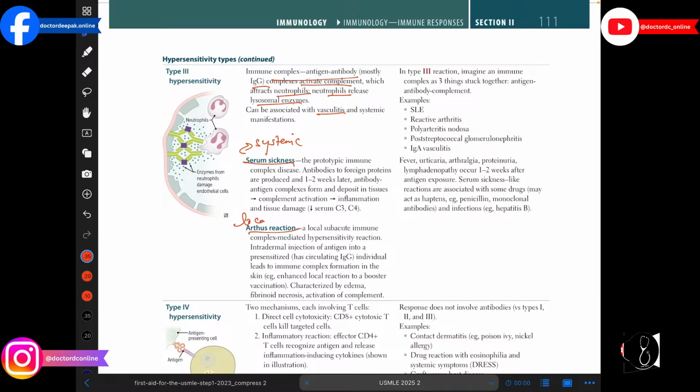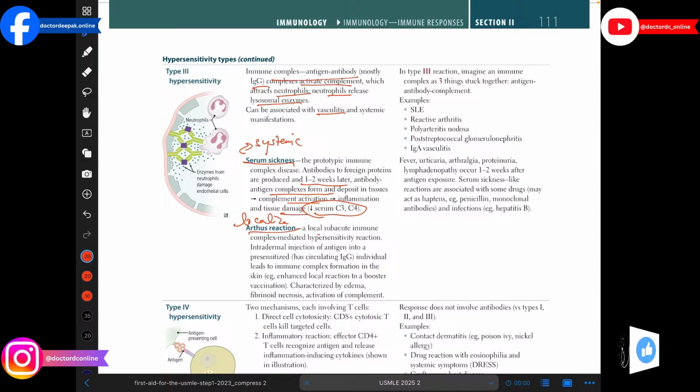The Arthus reaction is the localized one. In serum sickness, the prototypic immune complex disease, antibodies to the foreign protein are produced 1 to 2 weeks later. Antibody-antigen complexes form and deposit in tissues, activating complement and causing inflammation and tissue damage, with a decrease in serum complement because all the complement is activated and deposited.